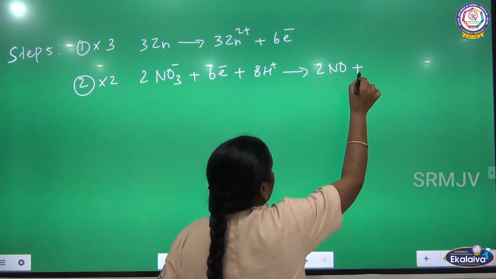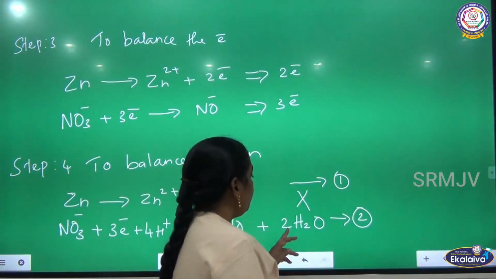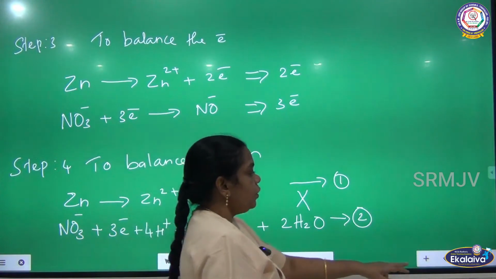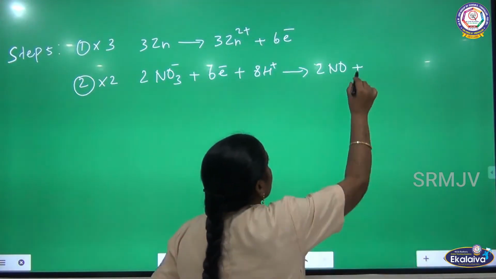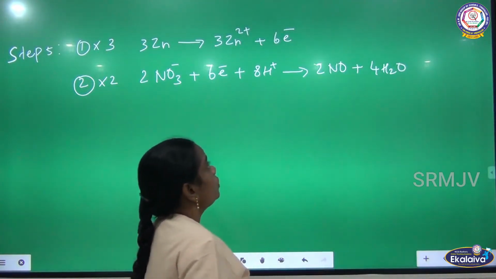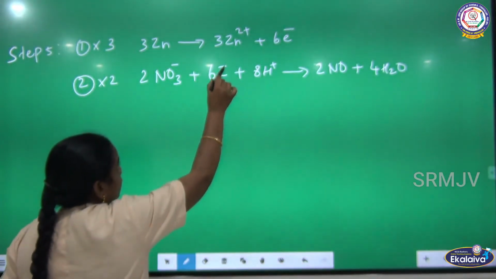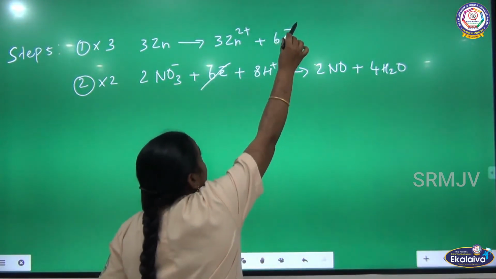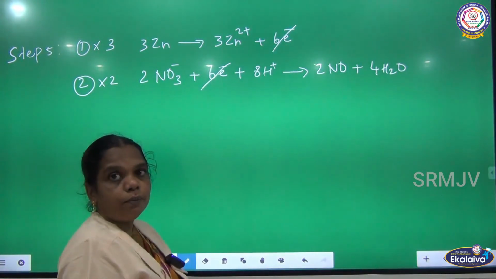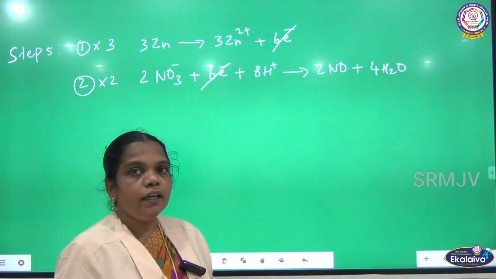2 NO. Now you see how many water molecules? Already 2, so 2 into 2 is 4, 4 H2O. Now you cancel the electrons, the gain of electrons and loss of electrons. The number of electrons is balanced in the equation.